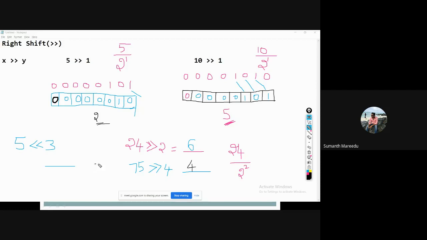Here, 75 you are dividing with 16. Both are integers, so the answer you get is also an integer for sure. In programming, it will not consider the decimal part if both are integers.